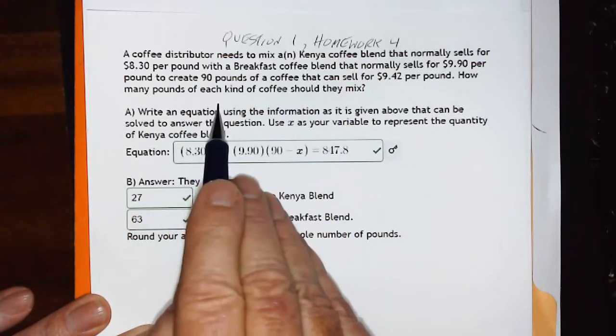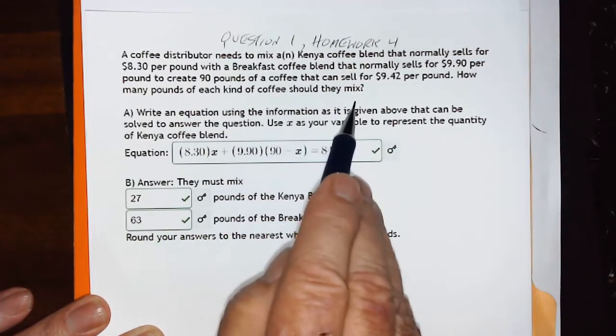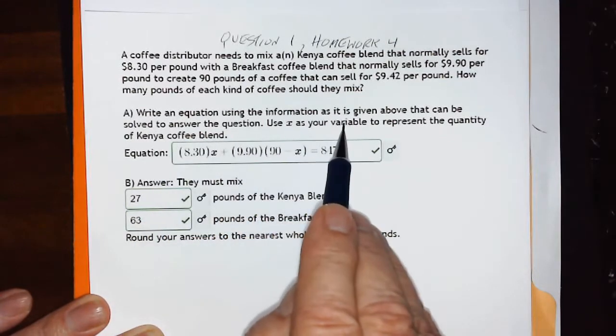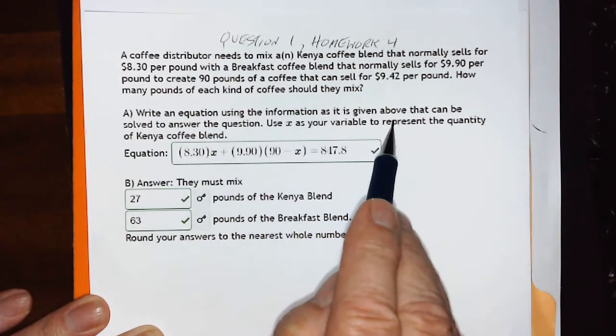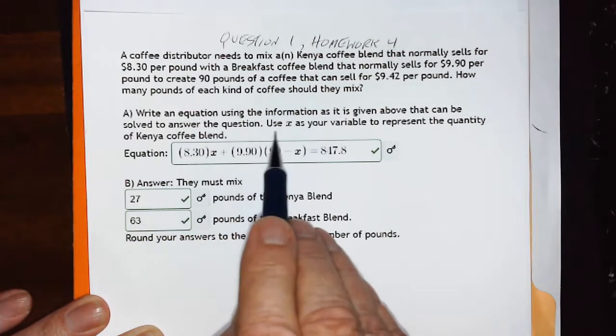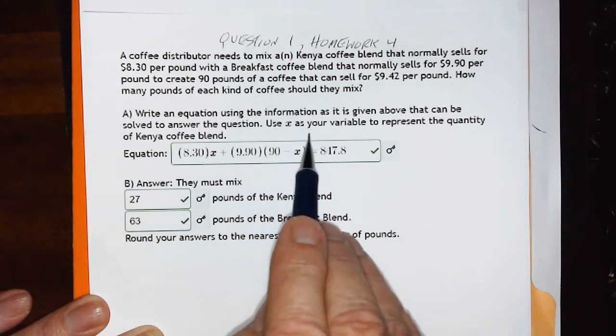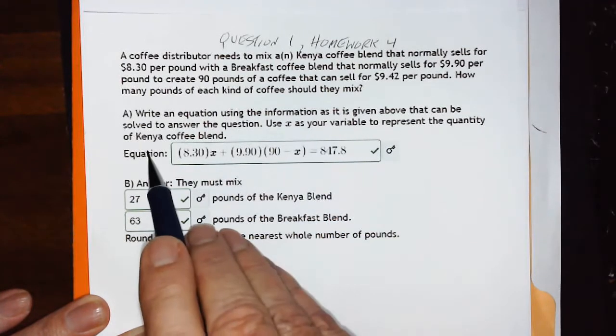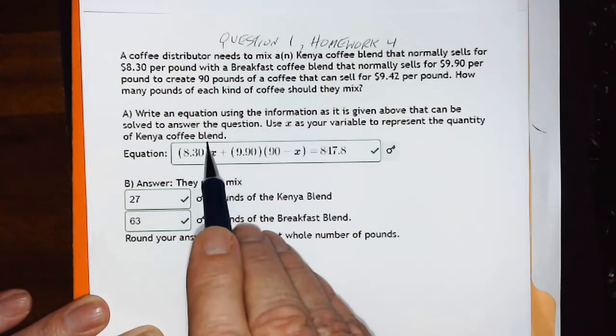How many pounds of each kind of coffee should they mix? Write an equation using the information as it is given above that can be solved to answer the question. Use X as your variable to represent the quantity of Kenya coffee blend.